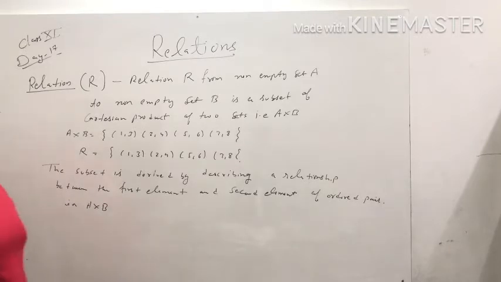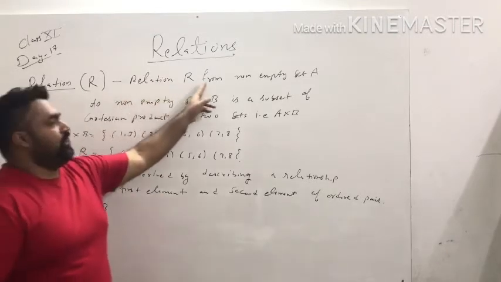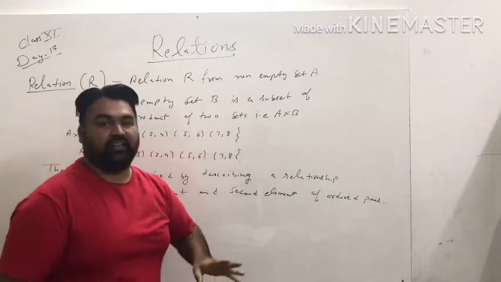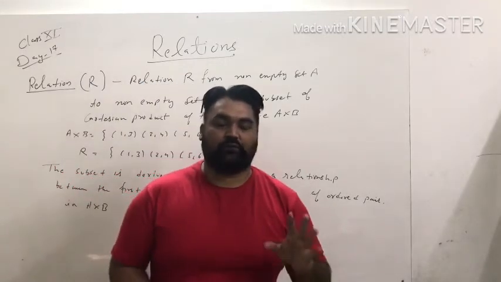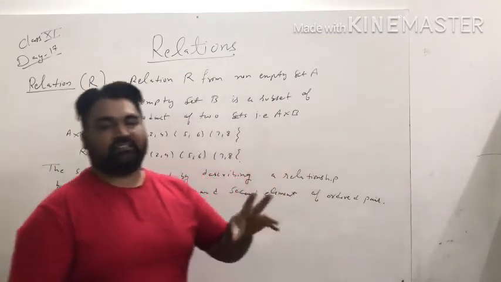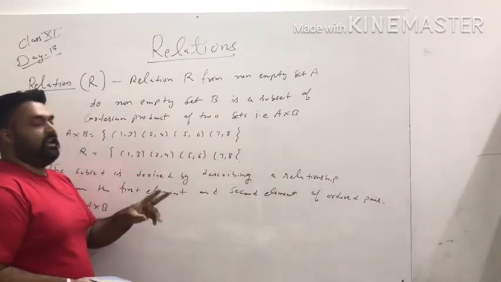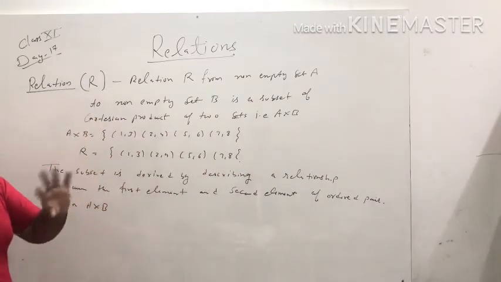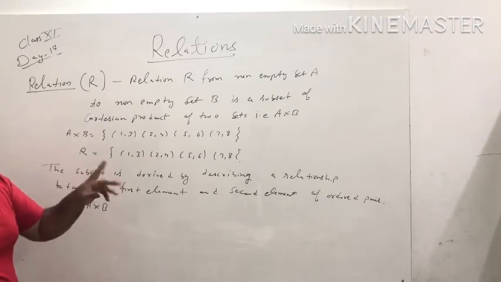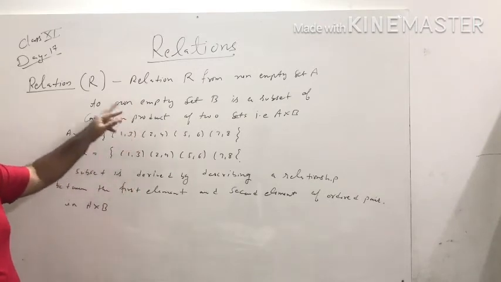So what is the relation? Relation R from a non-empty set. Remember one thing, in the Cartesian product of two sets, the two sets must be non-empty. If either A or B is empty, then A cross B is also a null set.